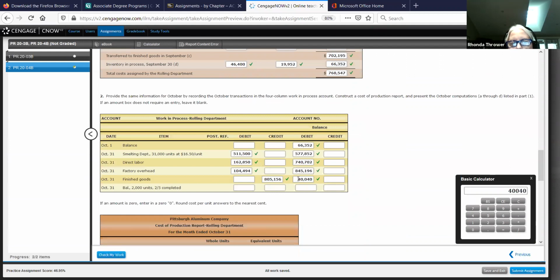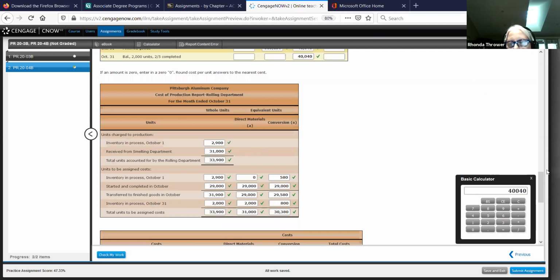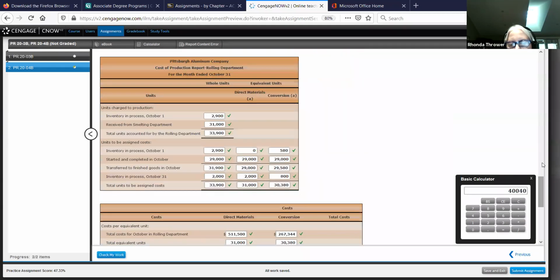And to finish off this work in process, they just wanted you, like you did before, to bring this down again as the ending inventory balance. So you're done with your work in process ledger account.